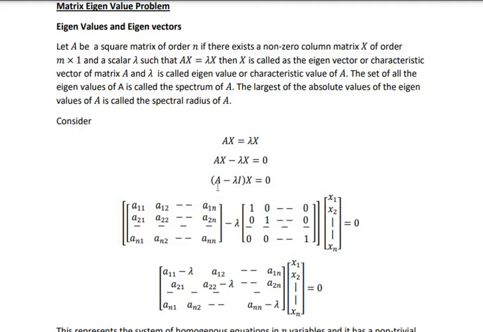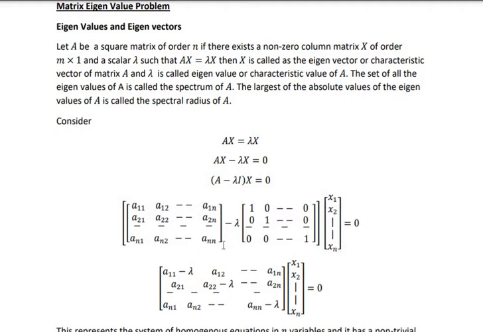We can write it as A, an n by n matrix: a11, a12, etc., a1n, a21, a22, etc., a2n, and so on, an1, an2, etc., ann, minus lambda times I. I is also an n by n matrix: 1 0 0, 0 1 0, etc., 0 0 1, times the column matrix x1, x2, etc., xn. So that will be equal to 0.